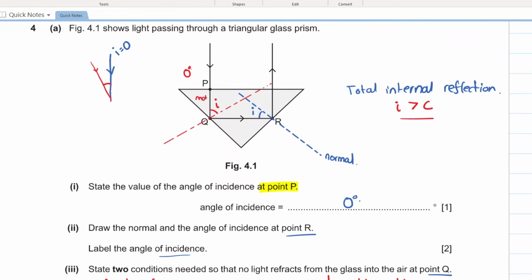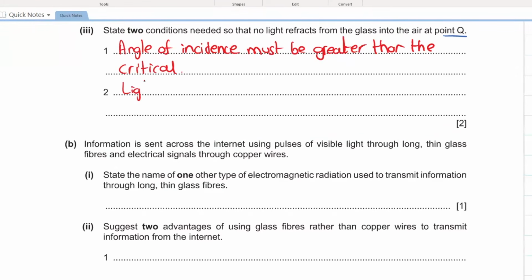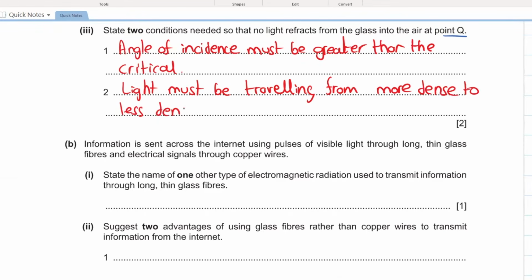When you are going from a more dense medium into a less dense medium. So what will be your second condition? You will state that light must be traveling from more dense to less dense material. Simple as that. Nothing complicated. Let's further move ahead.